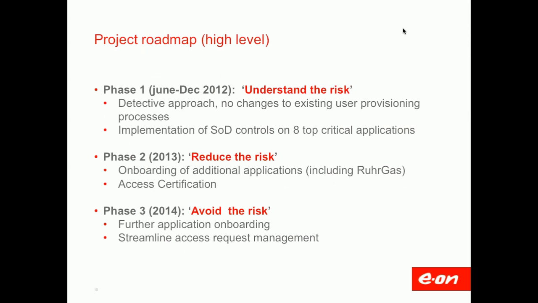That's to build a more preventive system, which enables us not to detect that something has happened, but to prevent it from happening. This means including a user access request process implementation into the UAM tool, but also building the bridge to provisioning the access into the applications.